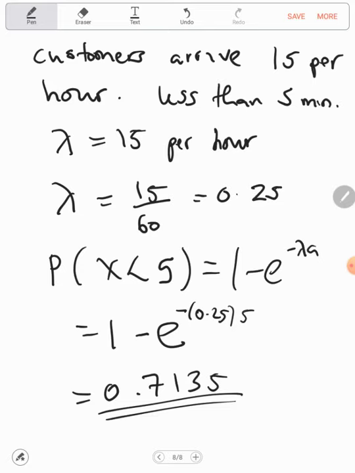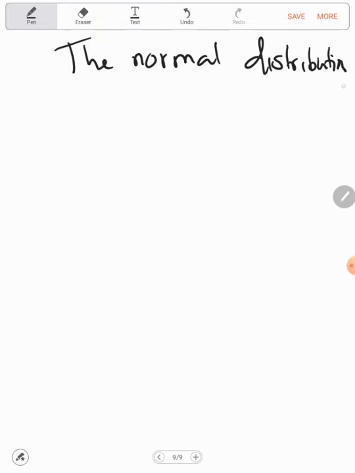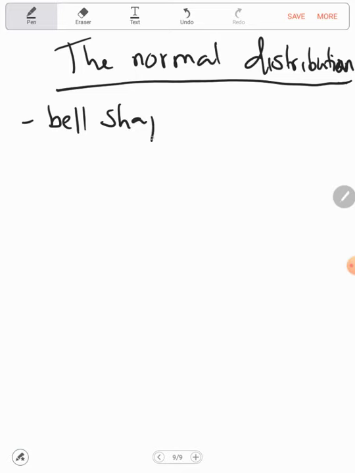So the last distribution that we're going to look at is the normal distribution. We're going to spend much of the time looking at the normal distribution. This is the most common distribution. One thing to take note about the normal distribution is that it is bell-shaped and also symmetrical.